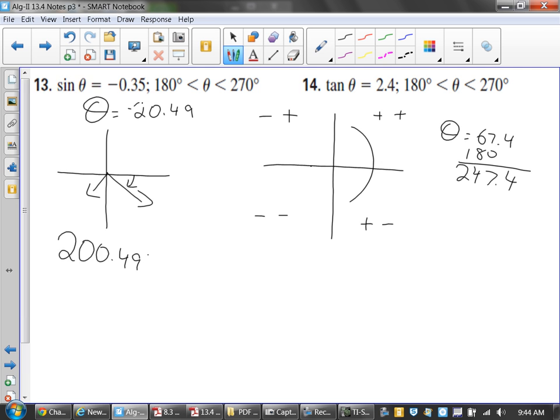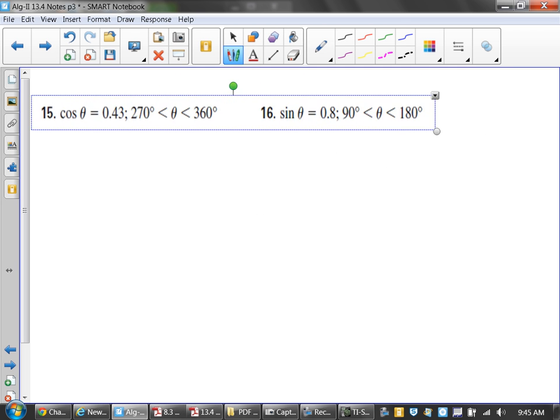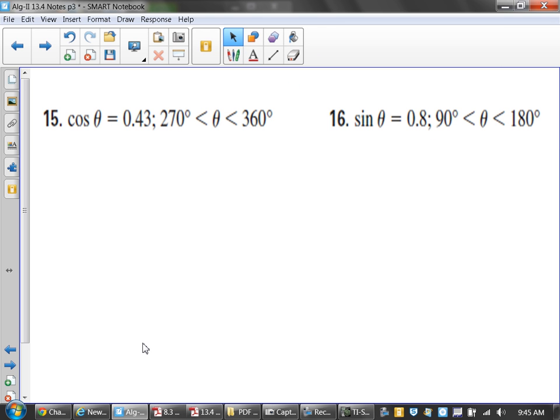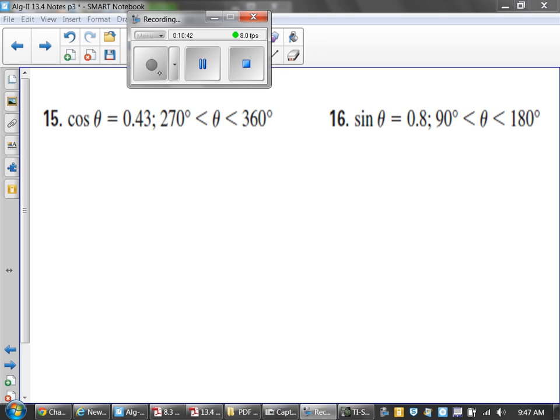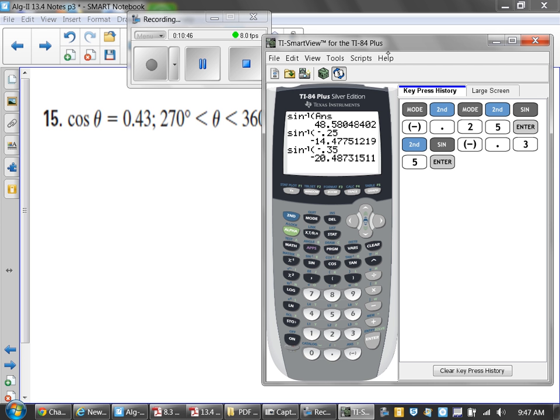Hopefully this isn't so bad. Try a couple more, and then I think we'll discuss that quiz. We start this one up. We have the cosine, so we have to do inverse cosine of 0.43. That gives me an angle measure of 64.53.